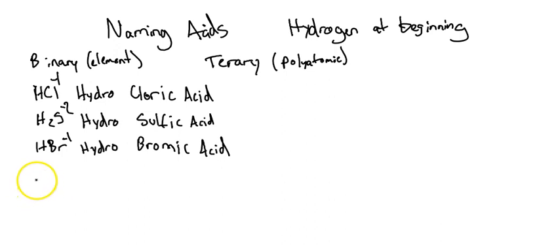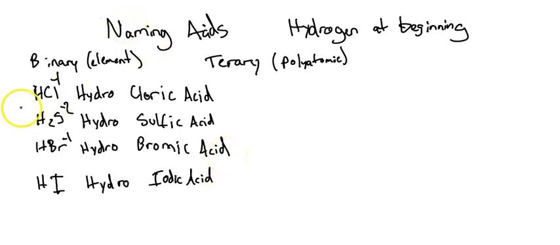But if we had like HI, then we would have hydro, iodic acid, and so on and so forth. Those are the binary examples.